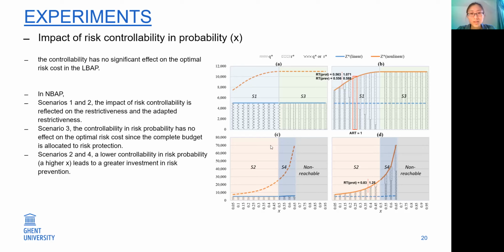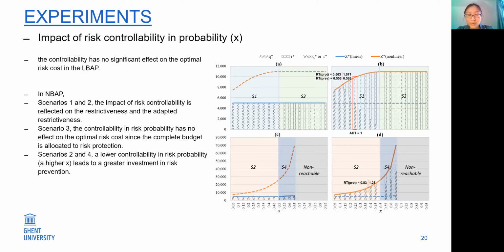For the linear part, we can see that the controllability of risk probability has no significant effect on the optimal risk cost. But for the nonlinear part, we found that the impact of the risk controllability in risk probability differs in different scenarios. In scenario 1 and scenario 2, the impact of the risk controllability is reflected in the restrictiveness and the adapted restrictiveness.